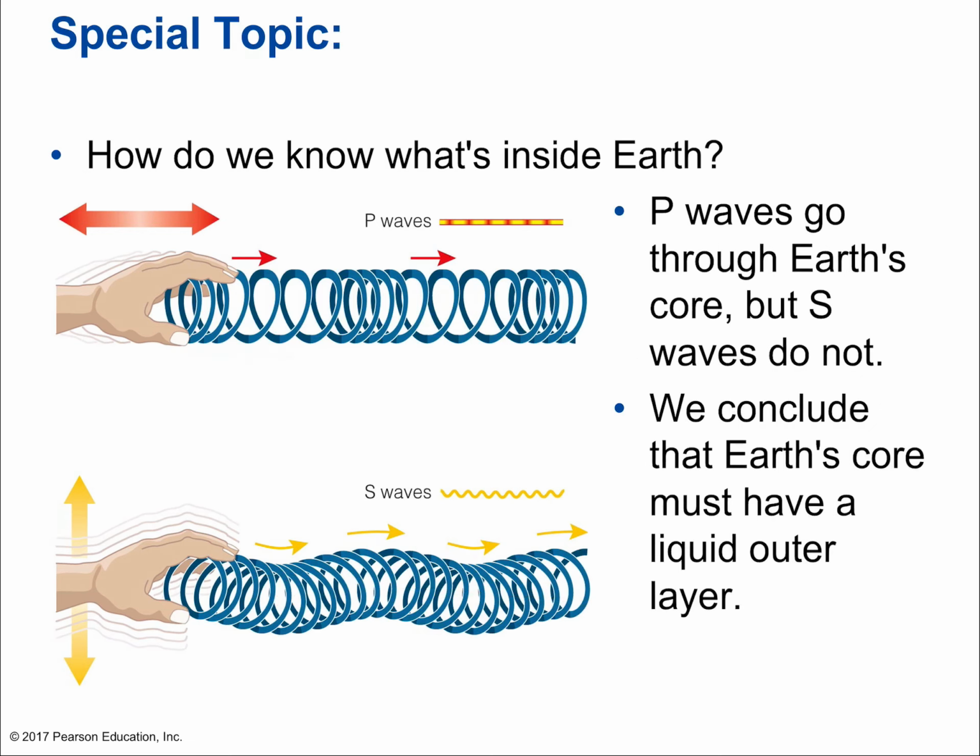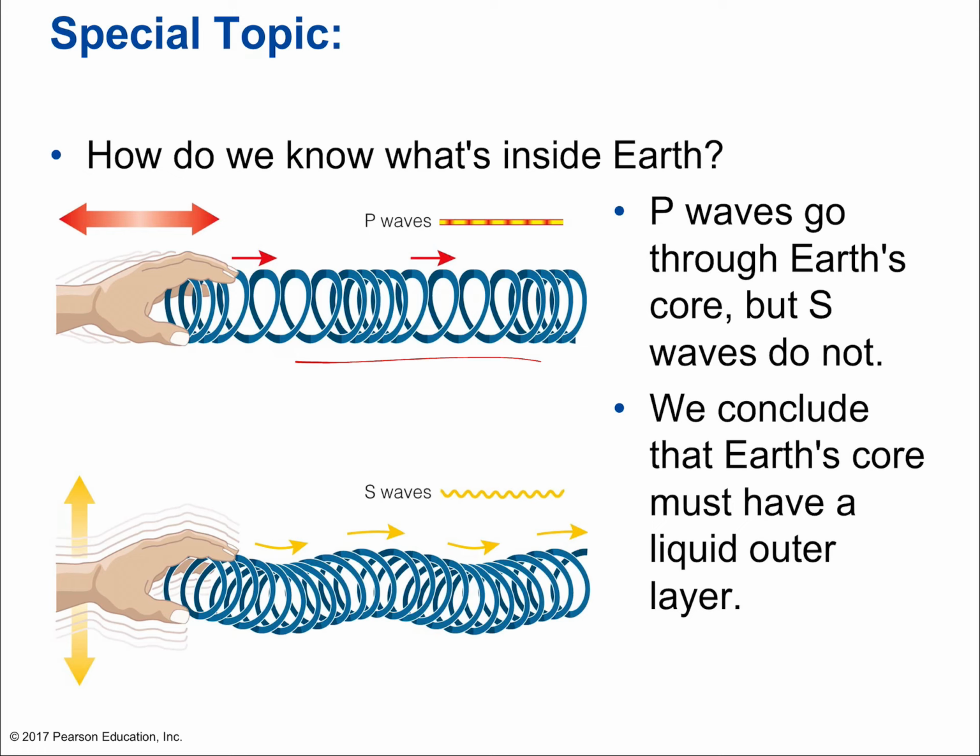Okay? So P waves do go through the Earth's core. They're able to travel through liquids. And that's true. P waves travel through liquid. Sound is a P wave. You can transmit sound through the ocean. You can also transmit earthquake P waves through the ocean, and of course the liquid outer core of our own planet's interior.